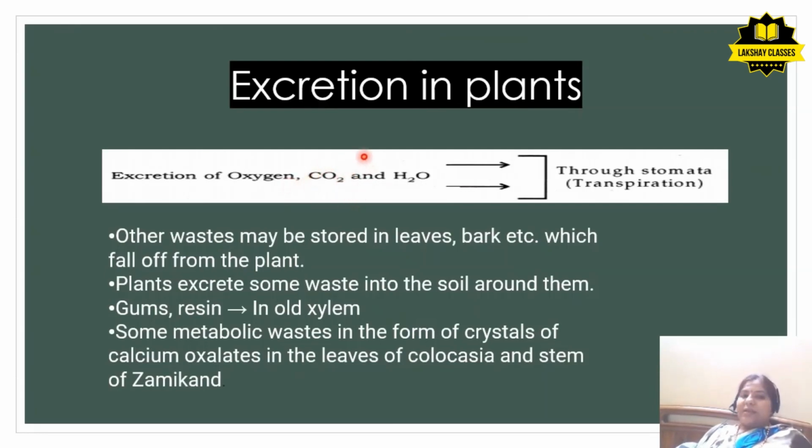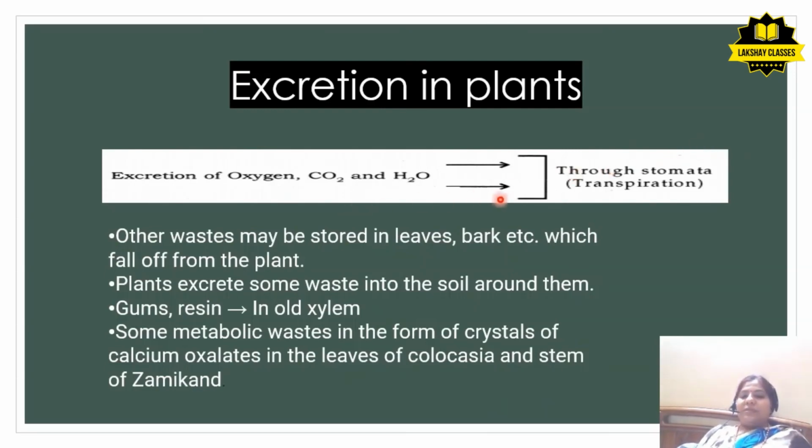Carbon dioxide is also an excretory product in plants during respiration, right? And water vapors are excreted by the process of transpiration. All these things are excreted with the help of stomata, which are present on the lower epidermis of the leaf.